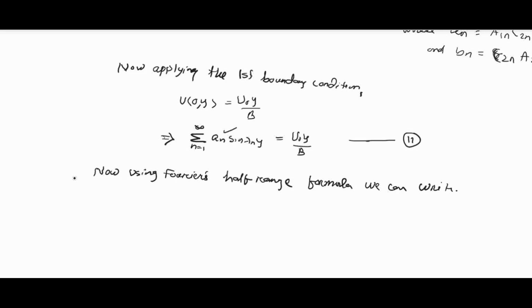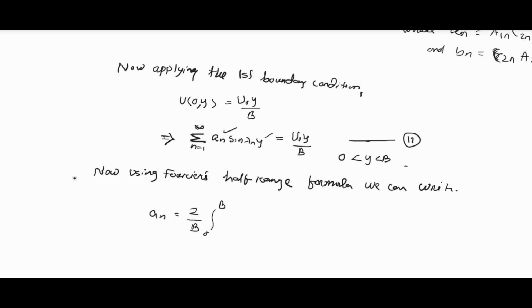So what can we write here? See, this is in terms of y, which means the limit of y is 0 to b. So we can write A_n is equal to 2 by b, integration from 0 to b.